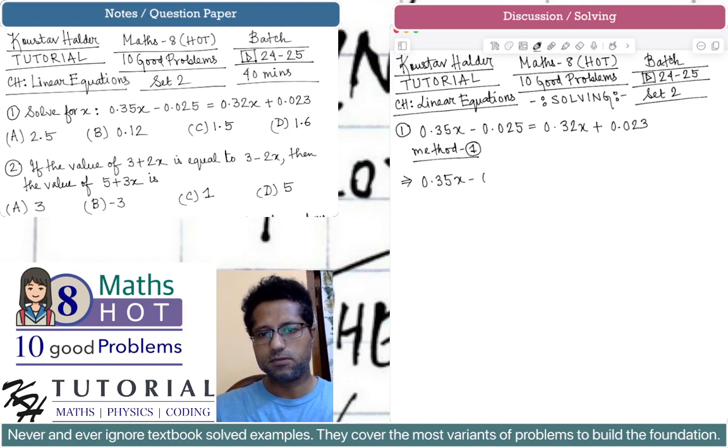0.35x minus 0.32x is equal to 0.023 plus 0.025.